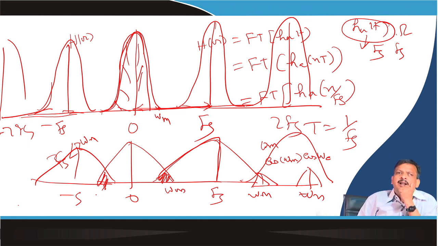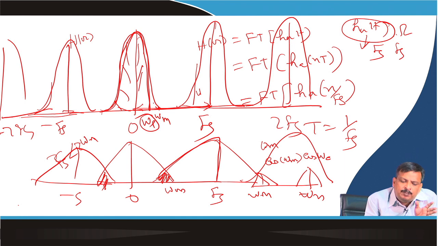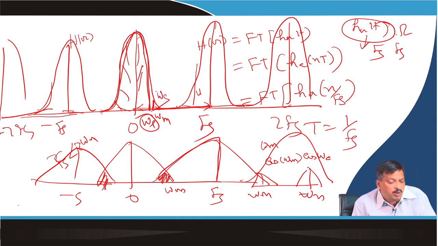So what is the requirement? When I design, let us say this is my omega p, and here also there will be omega p. So omega p is my cutoff frequency, the passband edge frequency, and omega s is the stopband edge frequency.